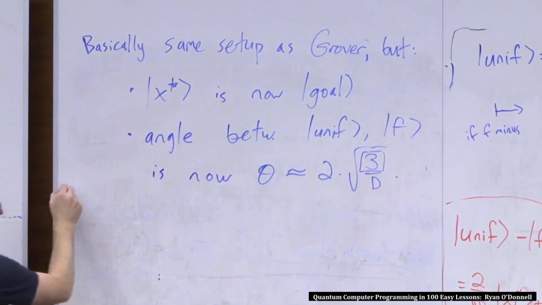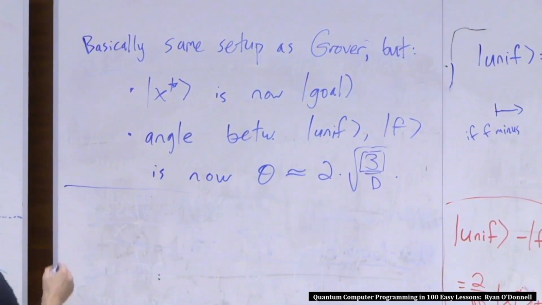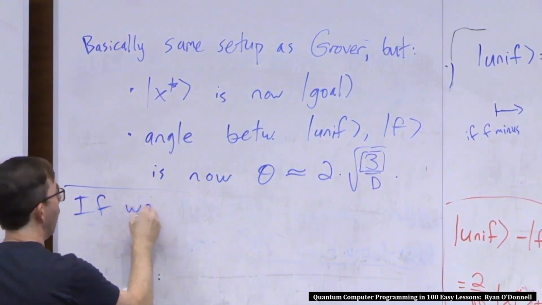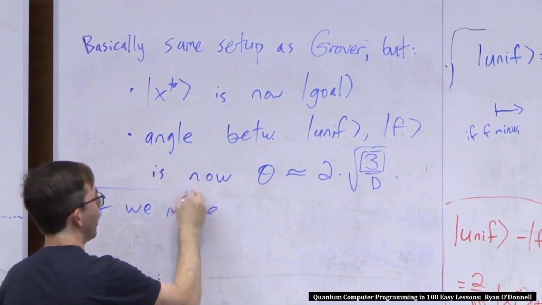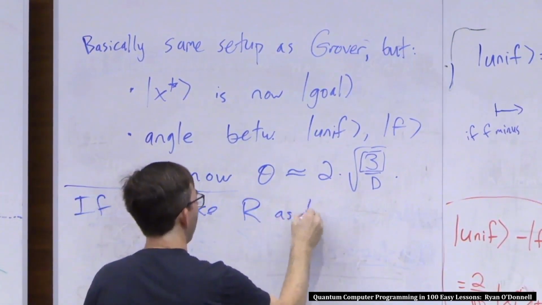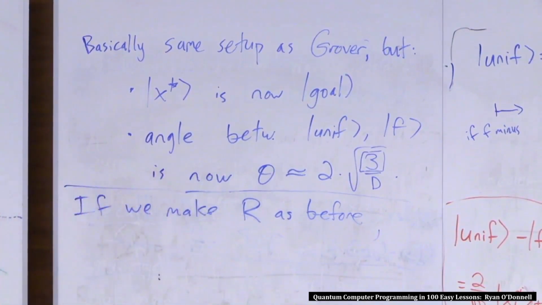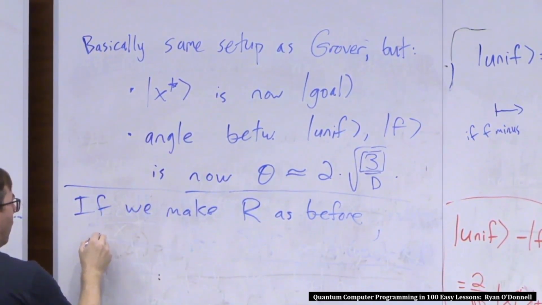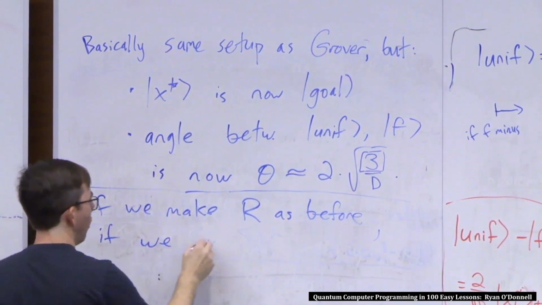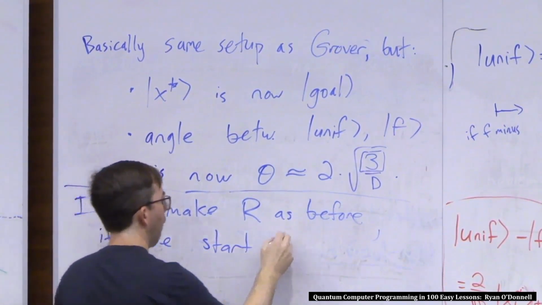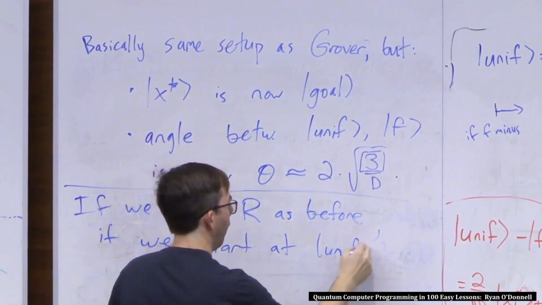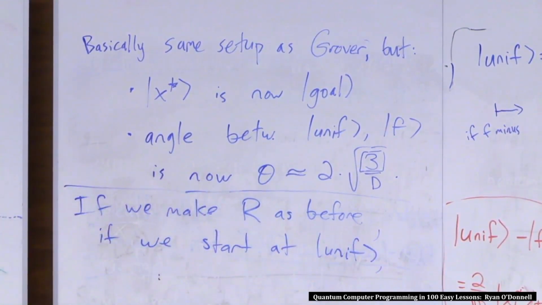Okay, so now we can basically just do the algorithm as we did before. If we make R as before, which is the combination of these two reflections, the one if f then minus and the reflection through uniform, then if we start at uniform as before, how many times should we repeat R? Well, it's the same as before.